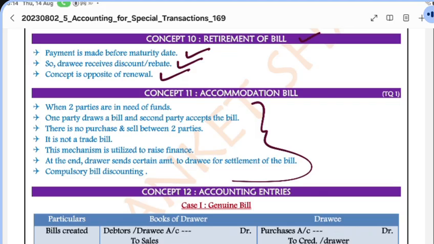See, this is a bill which you cannot call a trade bill, because trade bill is for trading purpose. But remember, this accommodation bill is not for trading purpose. This is for the requirement of finance. You need finance.